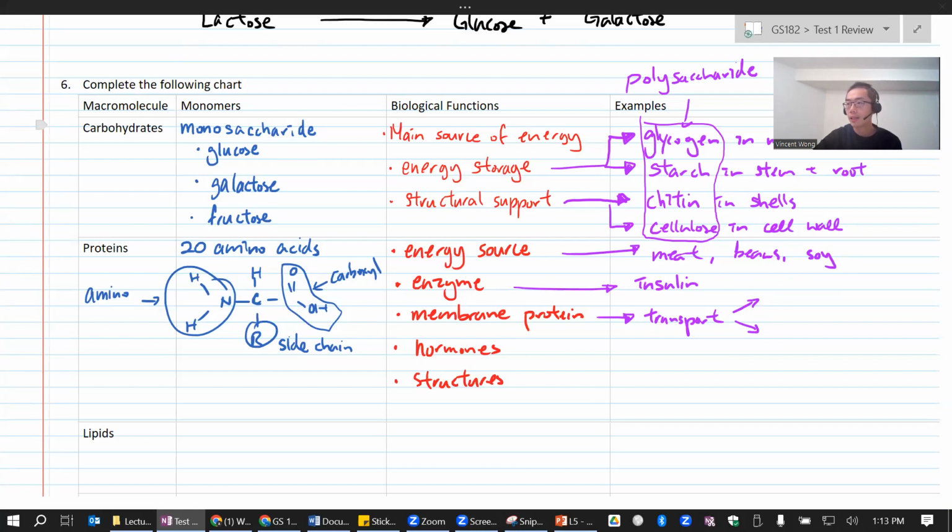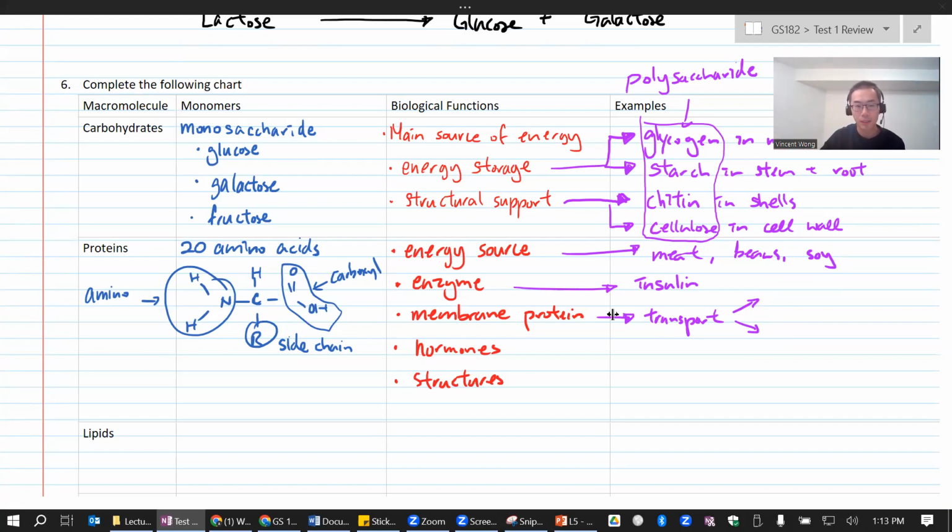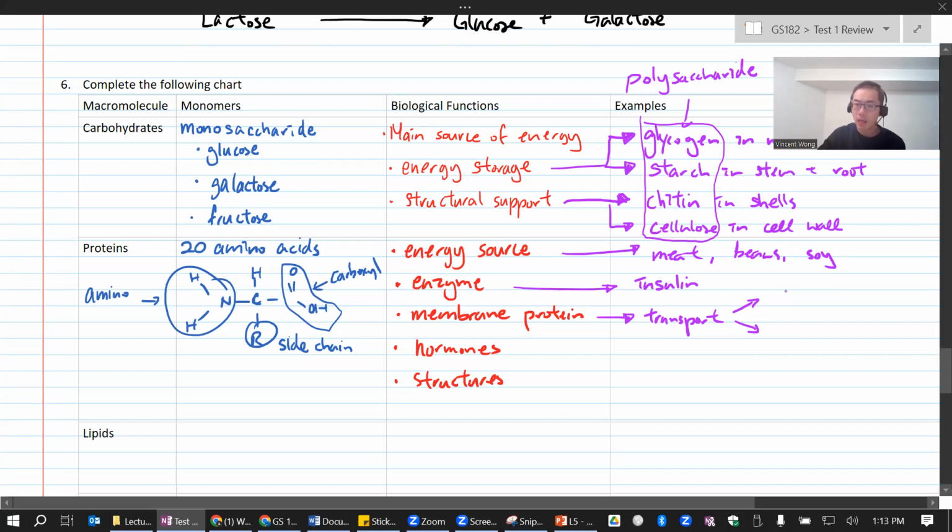Hemoglobin. Sorry, I didn't hear you. Oh, hemoglobin is for transporting oxygen. Is it like active transport? Yeah, sure. Do you have a specific example of active transport that involves a membrane protein?